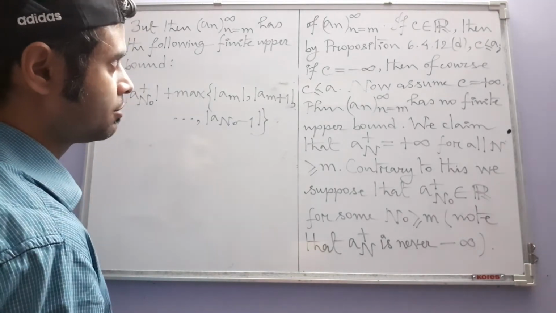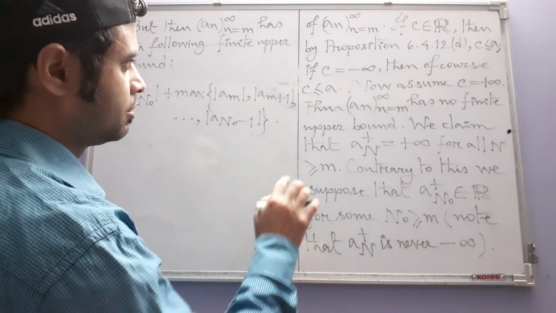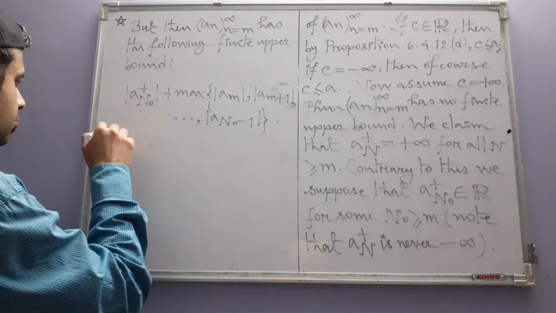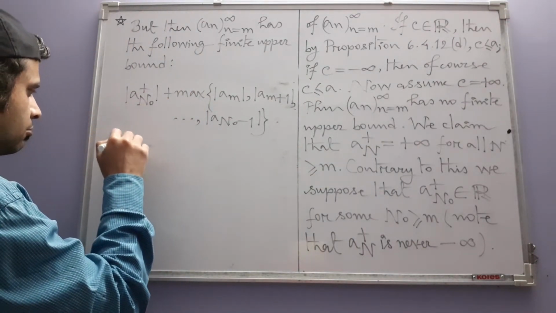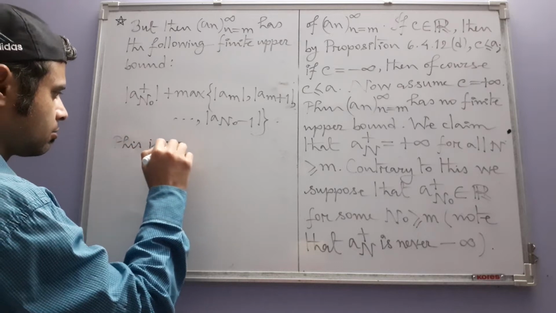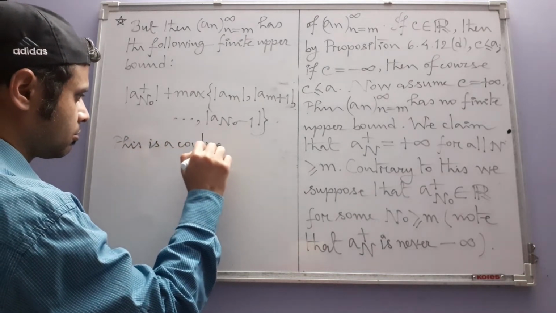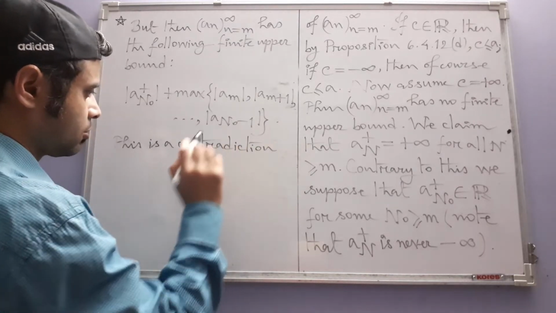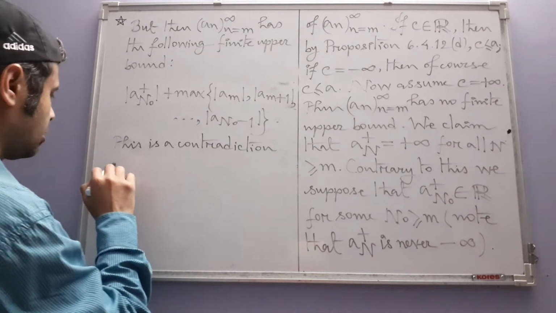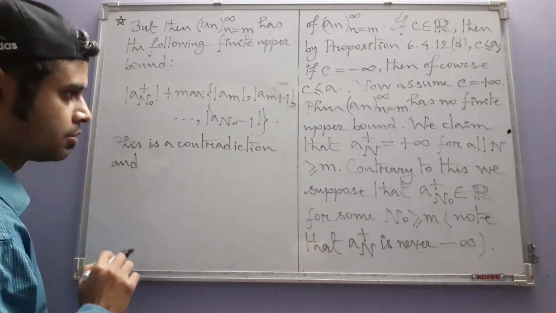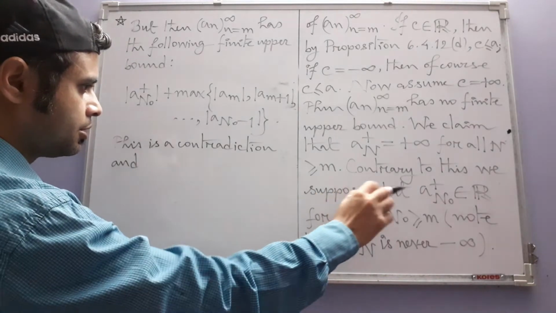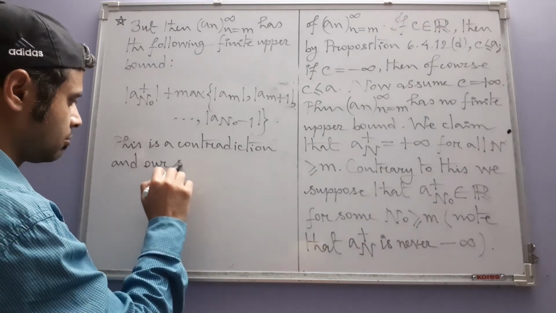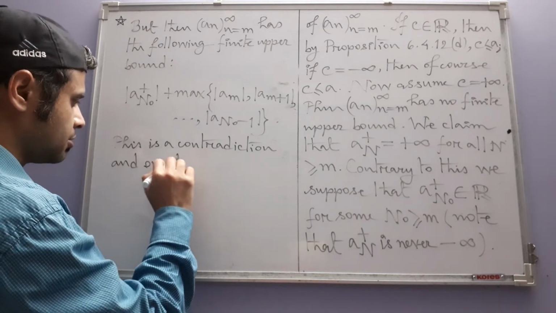It contradicts the fact that this has no finite upper bound. This is a contradiction, and so our supposition is wrong. Last supposition.